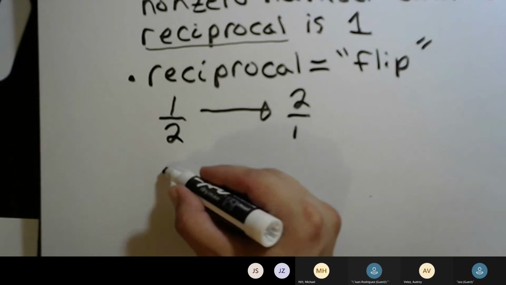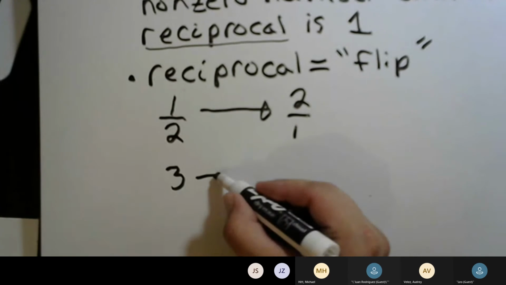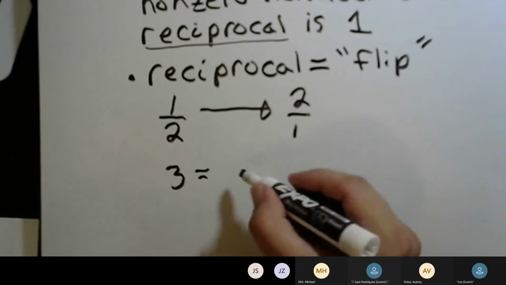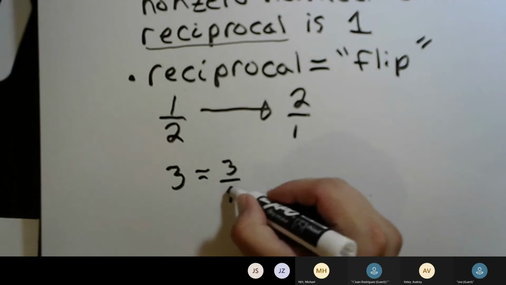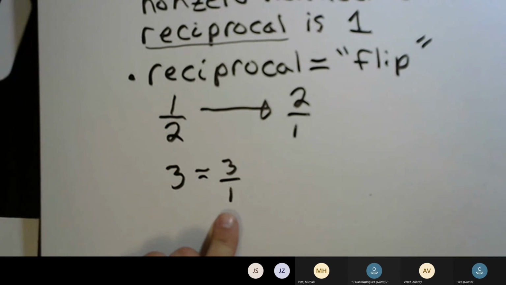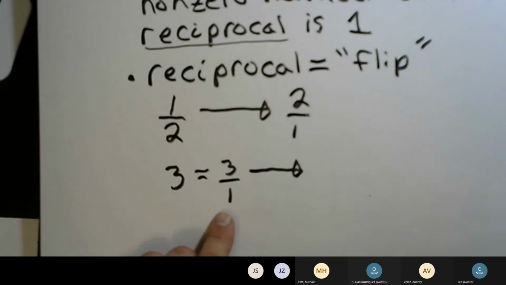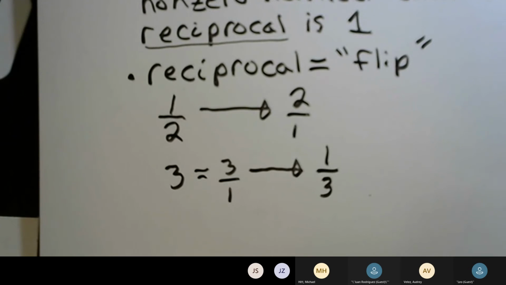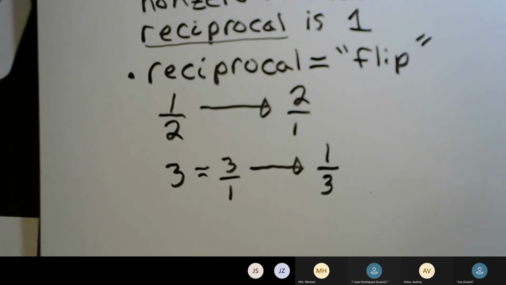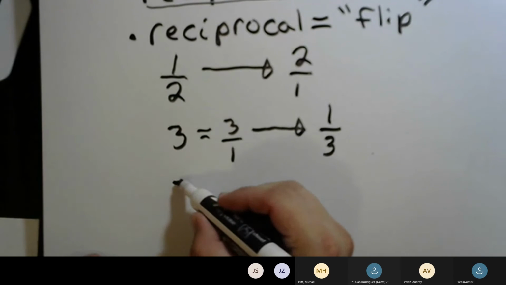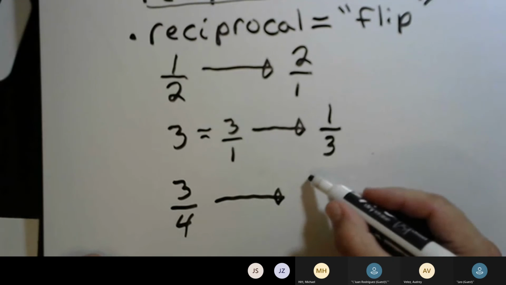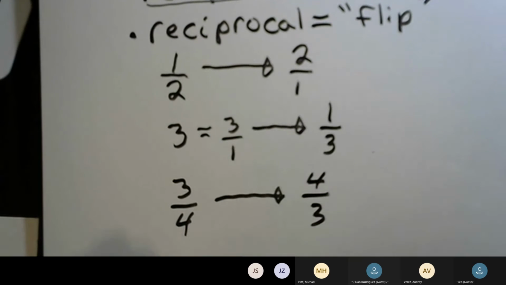If you have 3, well, any number you can write as having a denominator of 1. This is where this trick comes back again. And so the reciprocal is 1/3. If you have 3/4, the reciprocal is 4/3.